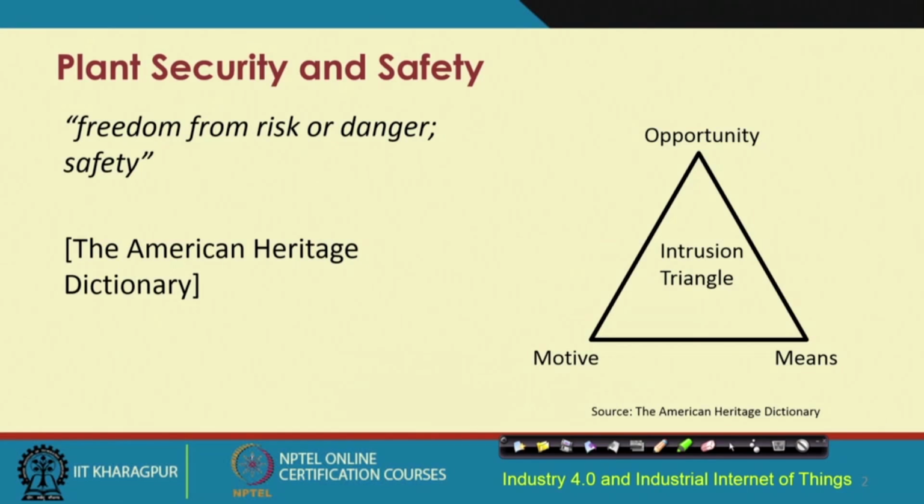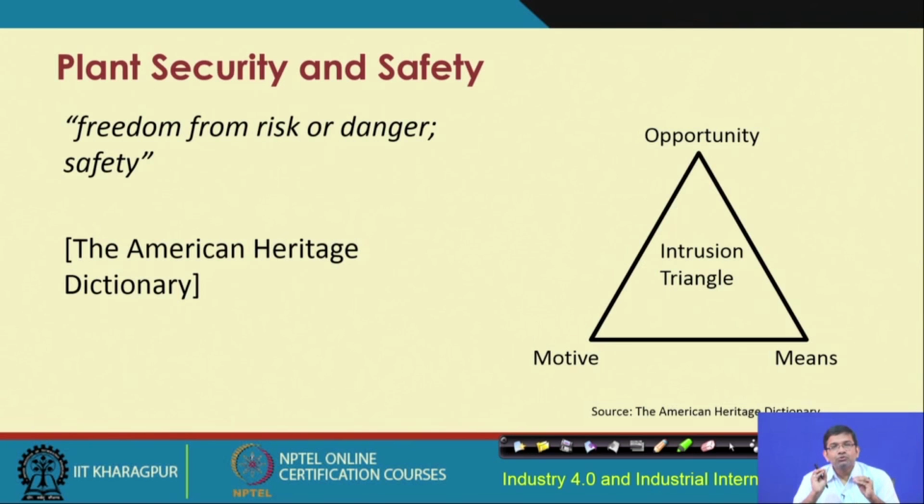The motive is there, but how is the intruder going to intrude? That is the means. And third is the opportunity. Merely having the motive to intrude and merely having the means is not going to make the intruder successful. The intruder should also have the opportunity for intrusion.